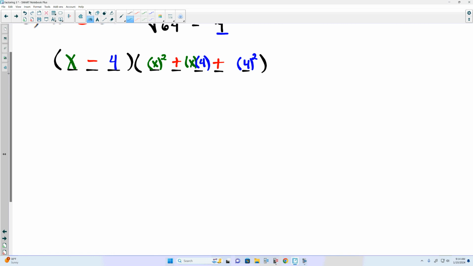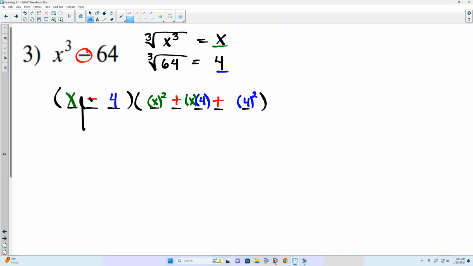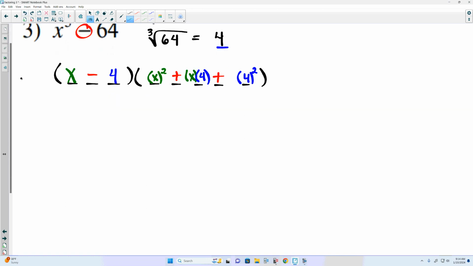Now we just need to simplify. So our first spot is going to be x minus 4. Well, our x squared is just, well, x squared plus 4 times x is 4x, and our 4 squared is 16.